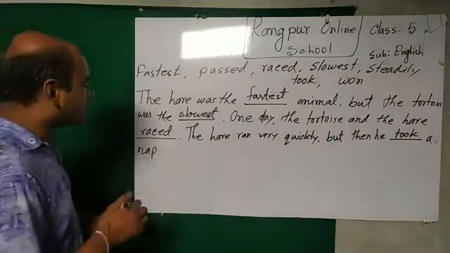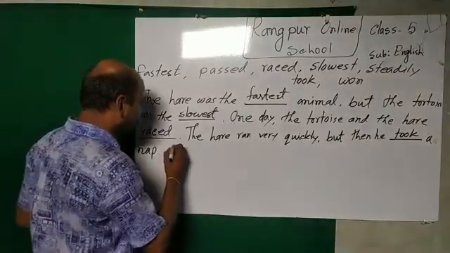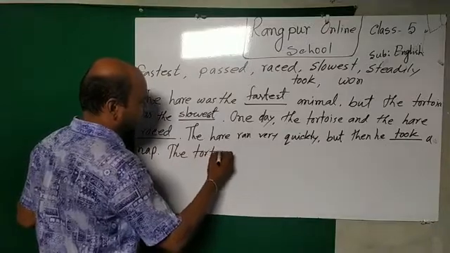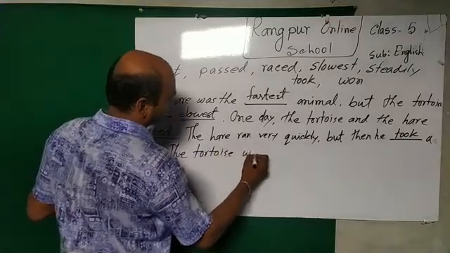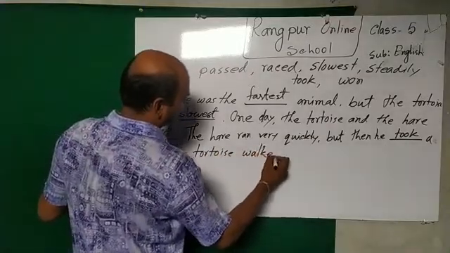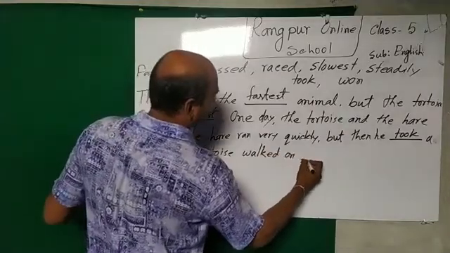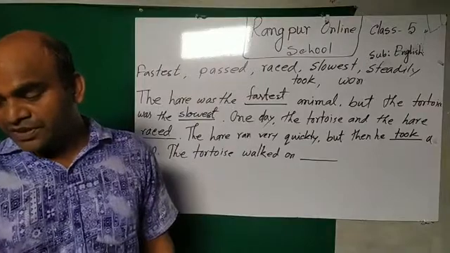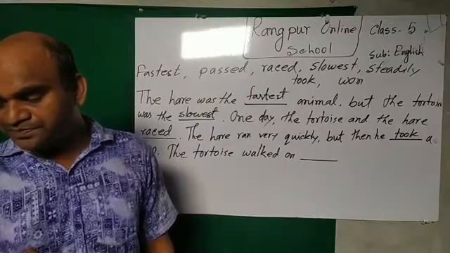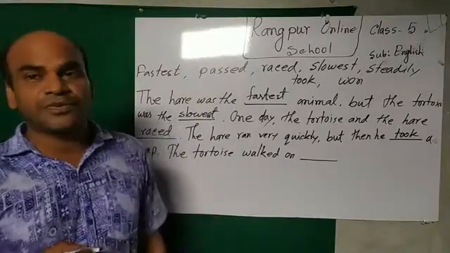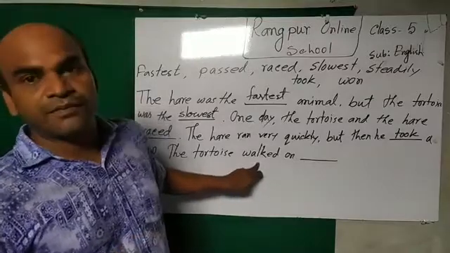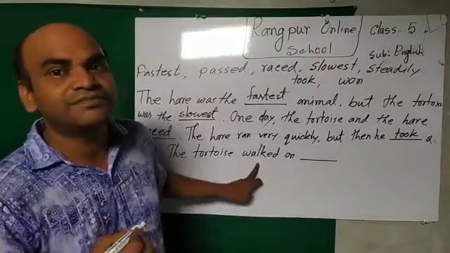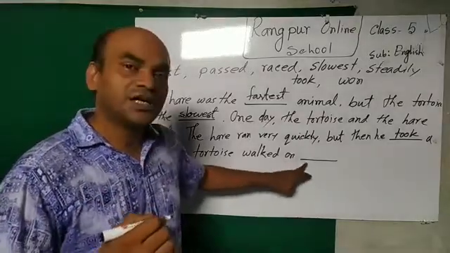The tortoise walked on dash. This there is the verb, so you need to have some adverb or adjective.